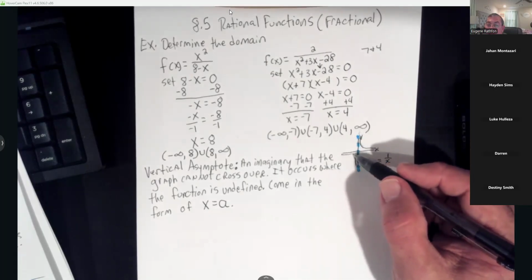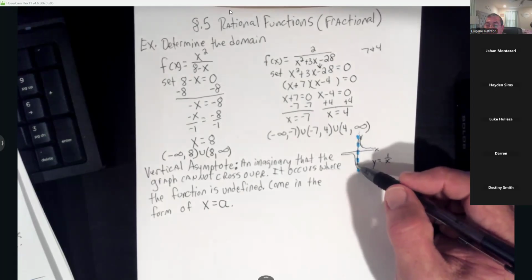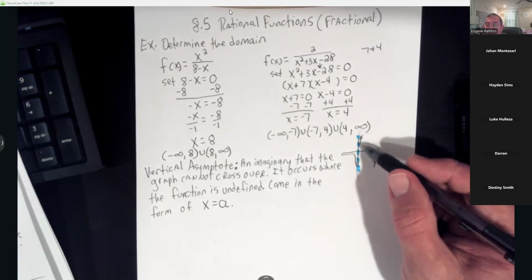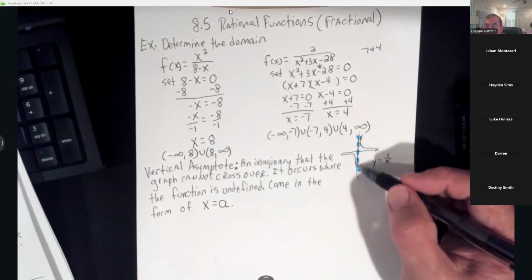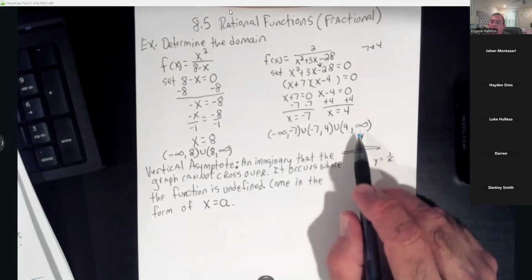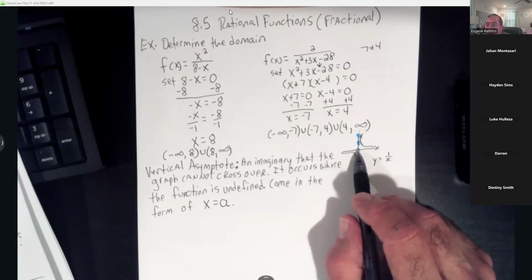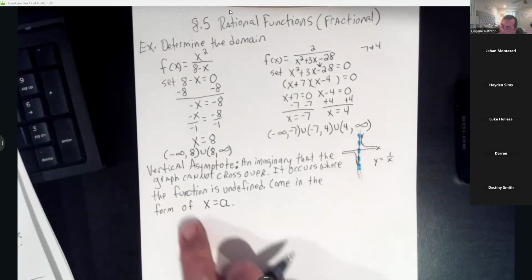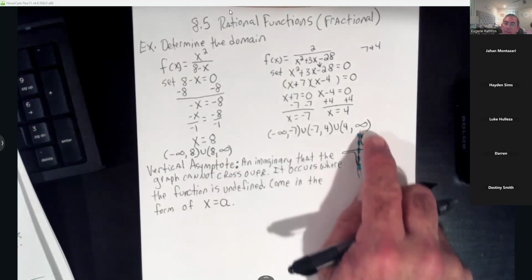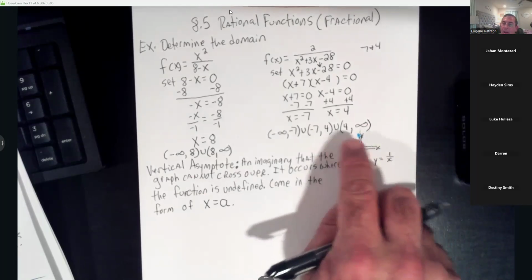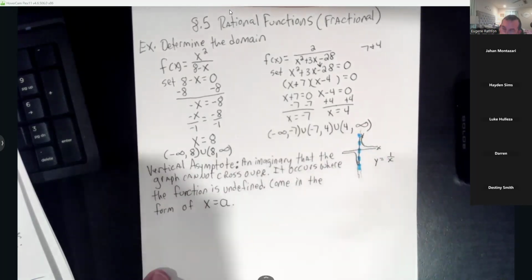And then this side, the graph is going to head towards negative infinity, but it will never cross over this imaginary line. Y'all, it can't because the graph is undefined if you put a 0 into it, okay? So that's what a vertical asymptote is. It's a vertical line, and my graph cannot cross over it.